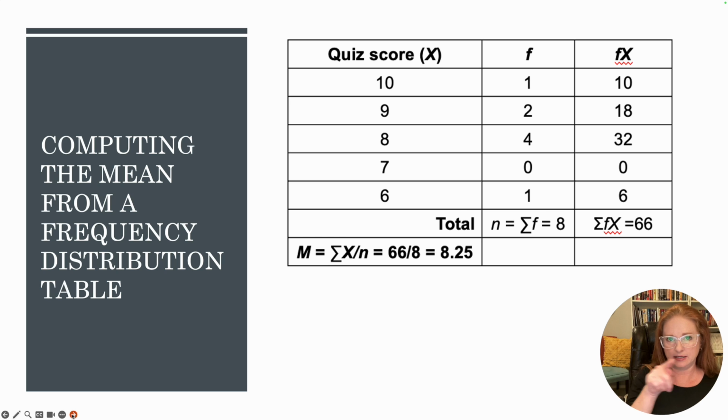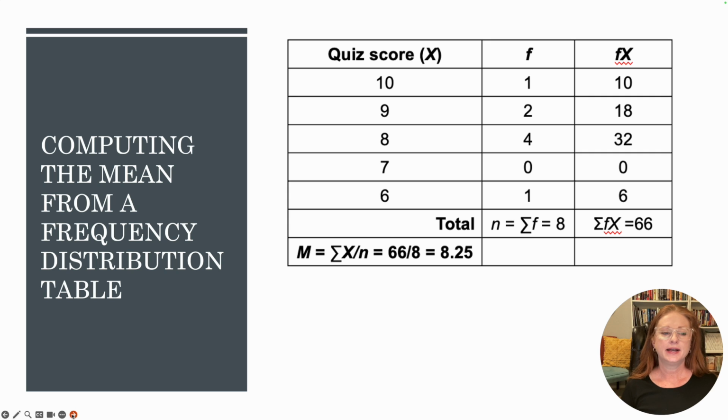And then the beautiful sigma, sum, which just means add it up. So add up your fx, or f times x. I add up 10 plus 18 plus 32 plus 6, and I get 66.